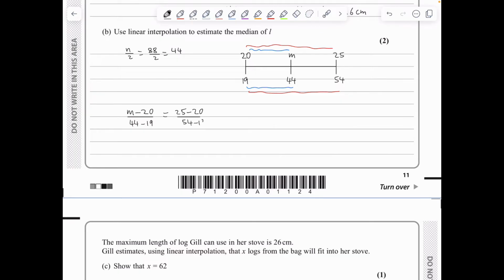This leads to M minus 20 over 25 is equal to 5 over 35. I will cross multiply to get that M minus 20 is equal to 3.571..., and therefore we conclude that the median M is 23.6.